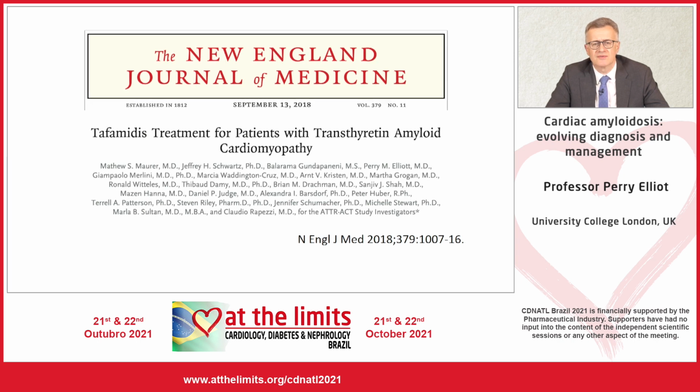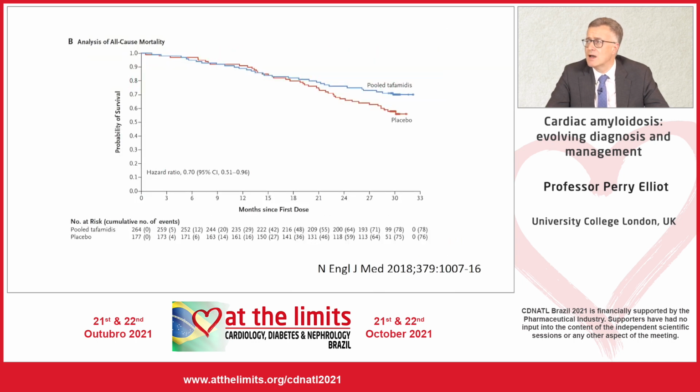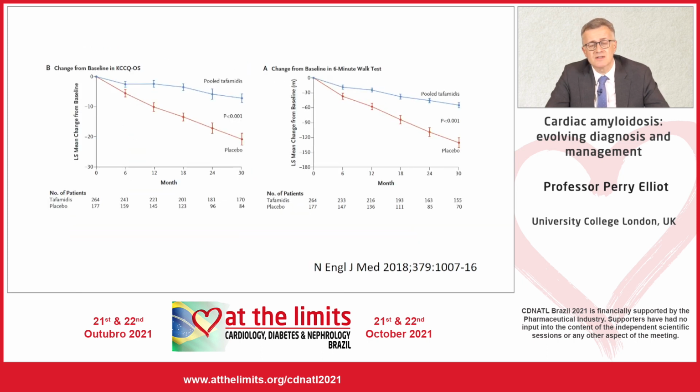And this is a drug called tafamidis, which is a TTR stabilizer. And as you can see in this randomized trial of patients with TTR amyloidosis, both hereditary and non-hereditary forms, there was a 30% reduction in absolute mortality and stabilization of disease with a dramatic reduction in the decline in symptoms, quality of life, and 6-minute walk test.